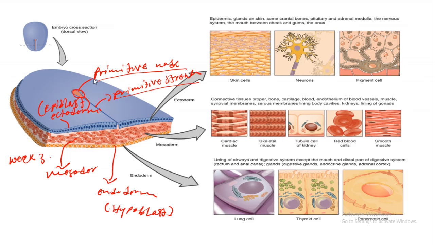So when the primitive streak is formed, the next thing that will be formed is the primitive node. This is normally formed on the cephalic region of the embryo. If you can observe, there is a primitive node somewhere there, and this is the primitive streak.